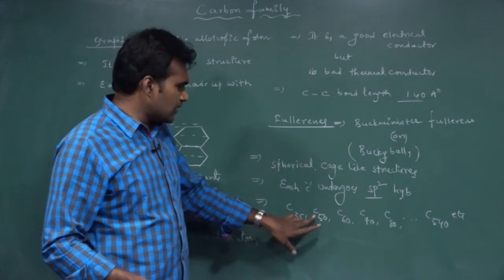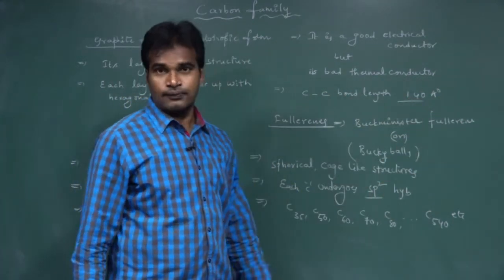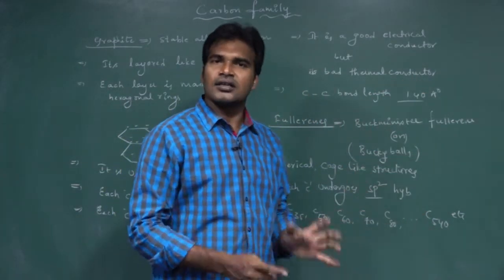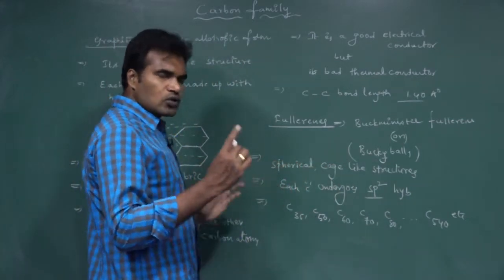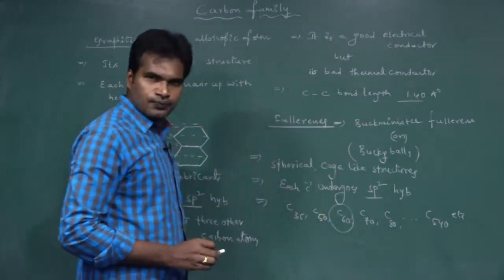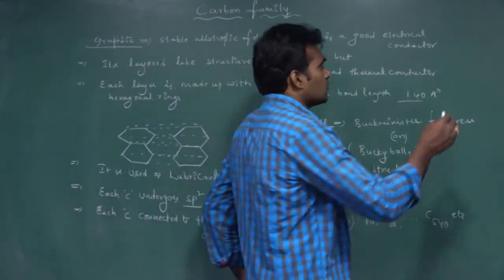C540 means 540 carbon atoms are there in that spherical structure. Among all of these, the most commonly occurring fullerene is C60 fullerene.